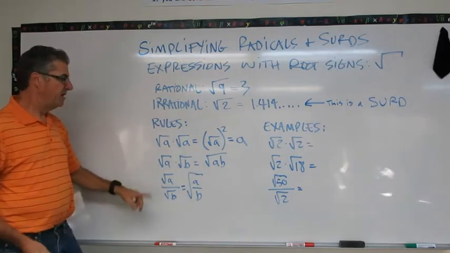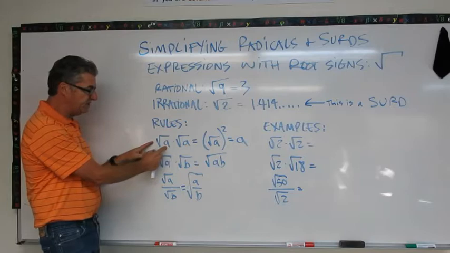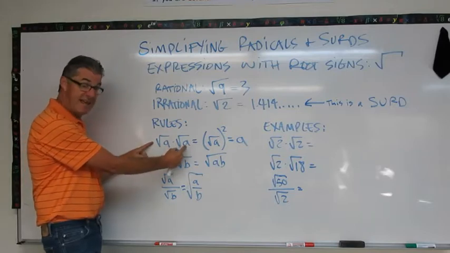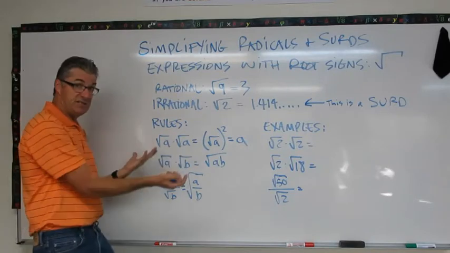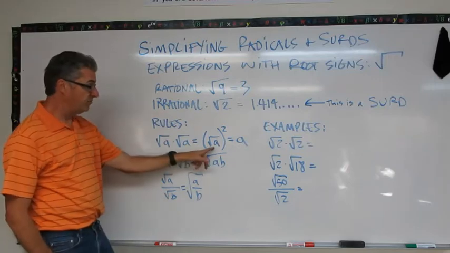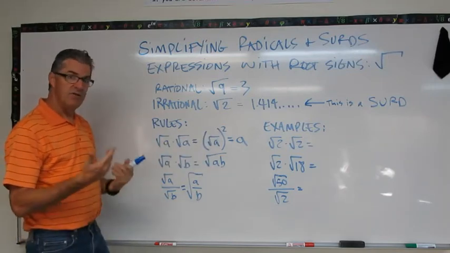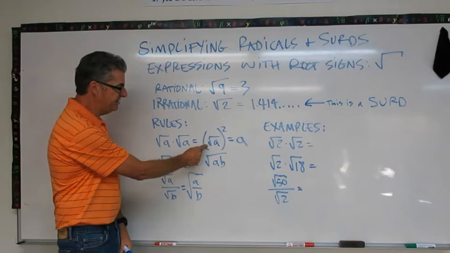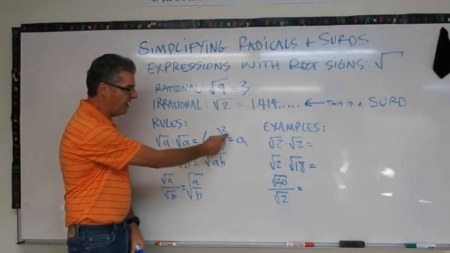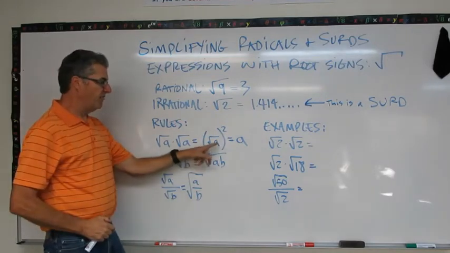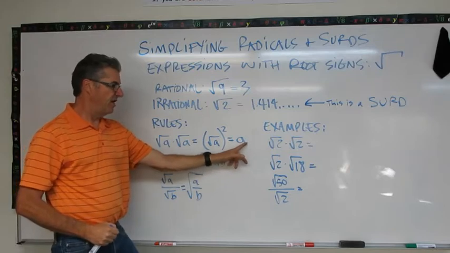Okay, so I have 3 rules for you today for dealing with radicals. 1, 2, 3. The first rule: if I have root something times root that same something, something times itself is something squared, so that's root a squared. Now if you remember from our last unit, this is just going the backwards way from that. So the square root of a squared is just going to give you a.